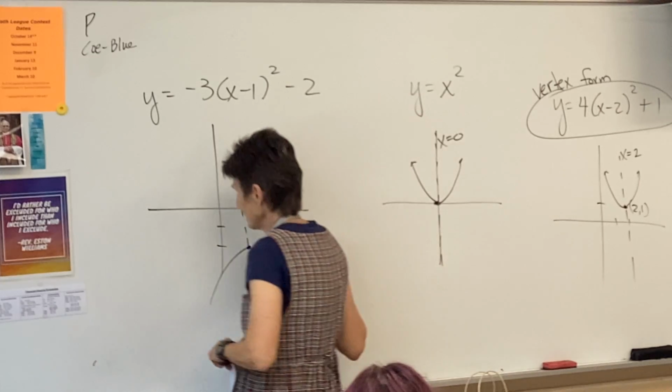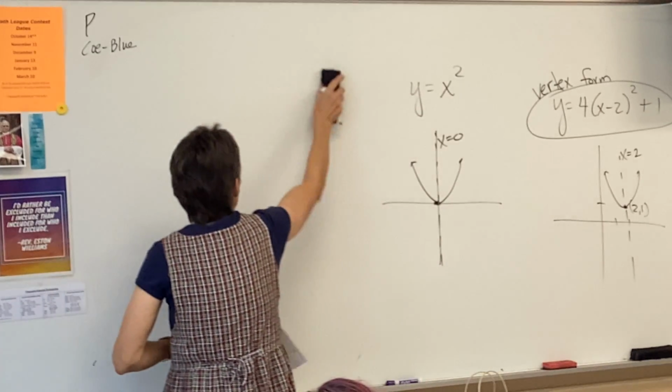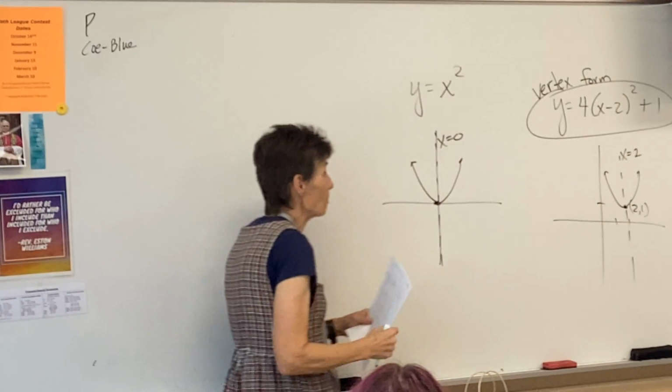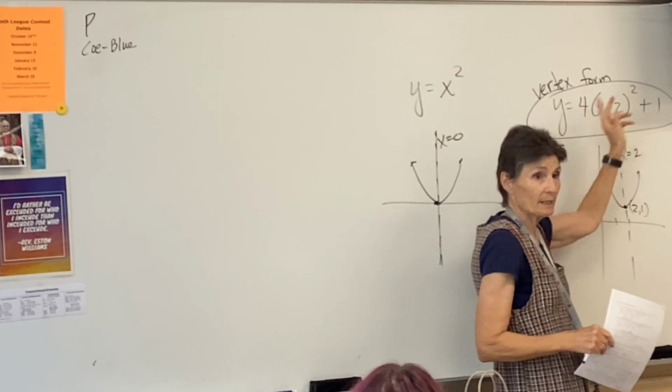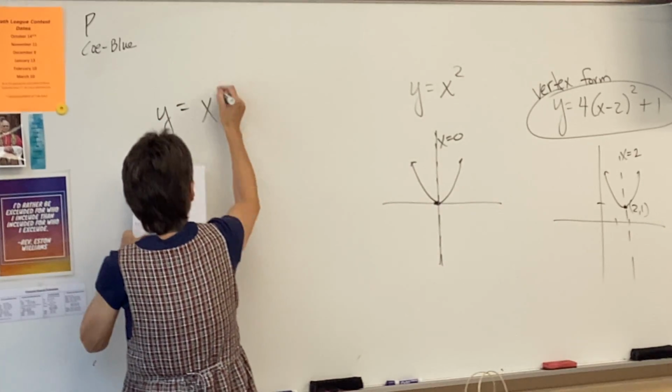Can you look at this one and tell me the vertex? No. Think about multiplying all this out. If you foiled and distributed and did everything, it would look something like this.